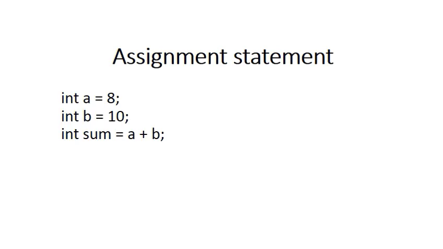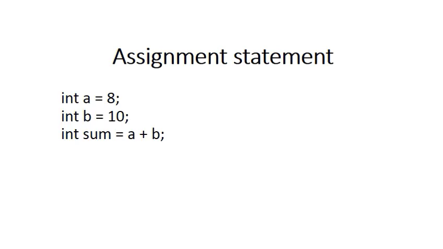It first goes to whatever's on the right hand side of the assignment statement. In this case it's a plus b. So it will calculate a plus b, find the value, which is 18. It will then take the 18 and assign it to the variable sum. So after this statement, sum will have the value 18.